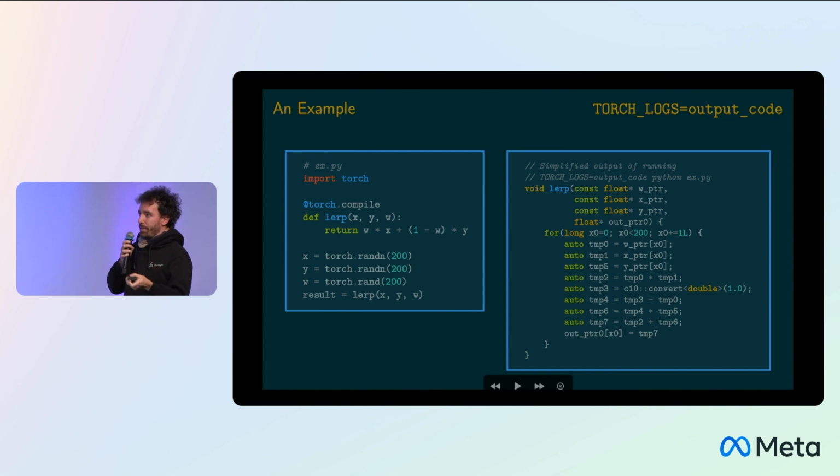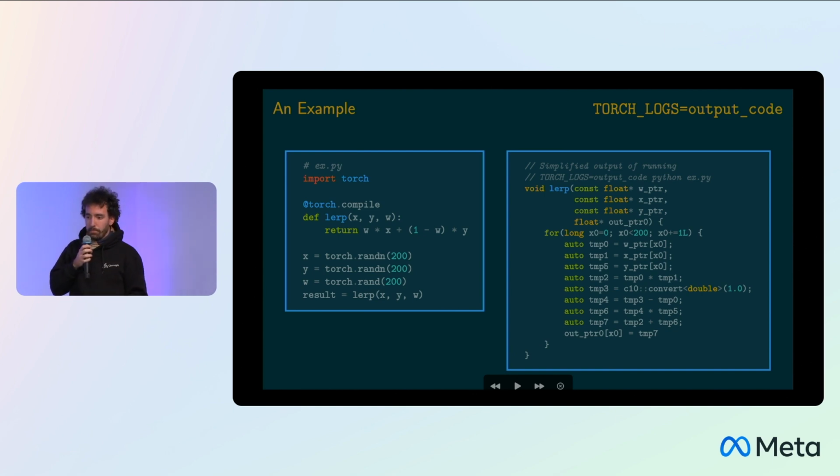Why is this better than eager PyTorch? Well, it's better because point-wise operations are actually very cheap when performed by the CPU. Most of them, when vectorized, take less than 1 cycle. You can perform quite a few, like 4 point-wise operations in 1 CPU cycle.